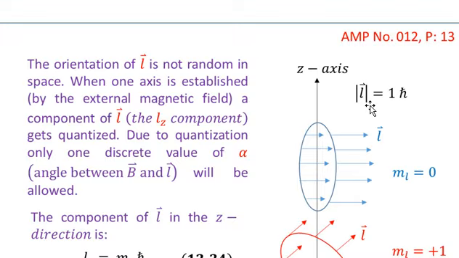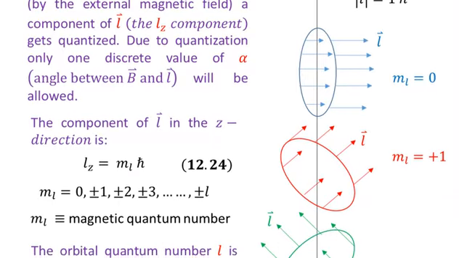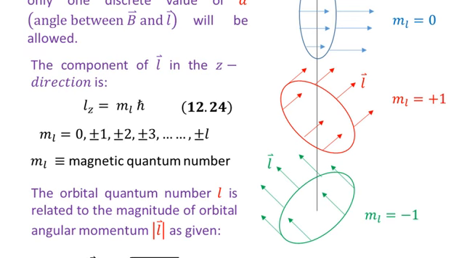And you know that when L is equal to 1, the values of ML will be equal to 0 and plus minus 1. So when the orbital quantum number L is equal to 1, then the orbital magnetic quantum number will have three values. One value is 0, the other two values are plus minus 1. This is also shown over here.